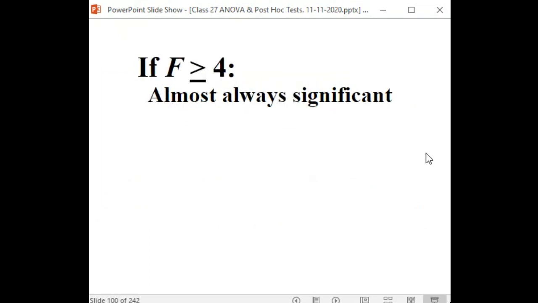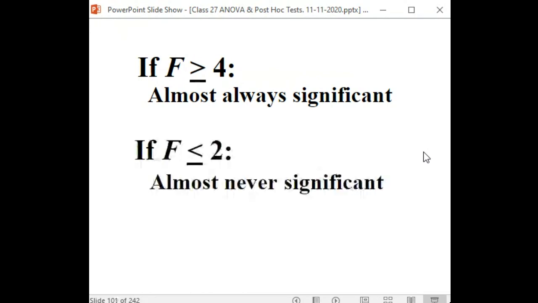Now, for a rough estimate, you should probably remember that if F is greater than 4, it's almost always significant. So usually if F is greater than 4, you can be pretty sure it's statistically significant.